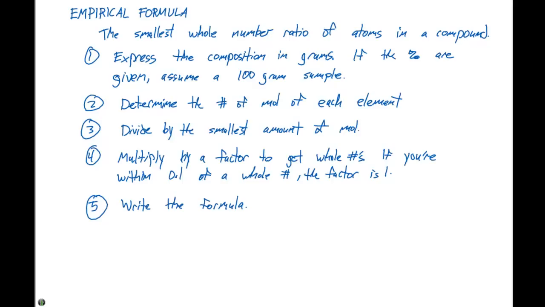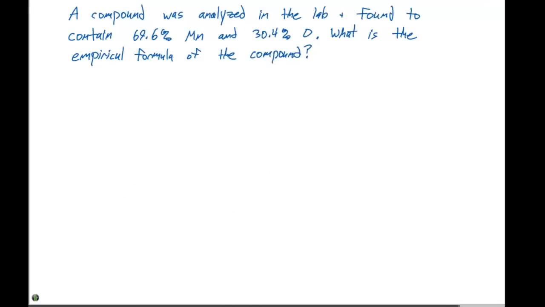Now, these steps are going to make much more sense when we do an example, and that's exactly what we're going to do. The example problem we're going to perform based on empirical formulas is the following. A compound was analyzed in the lab and found to contain 69.6% manganese and 30.4% oxygen. What is the empirical formula of the compound?